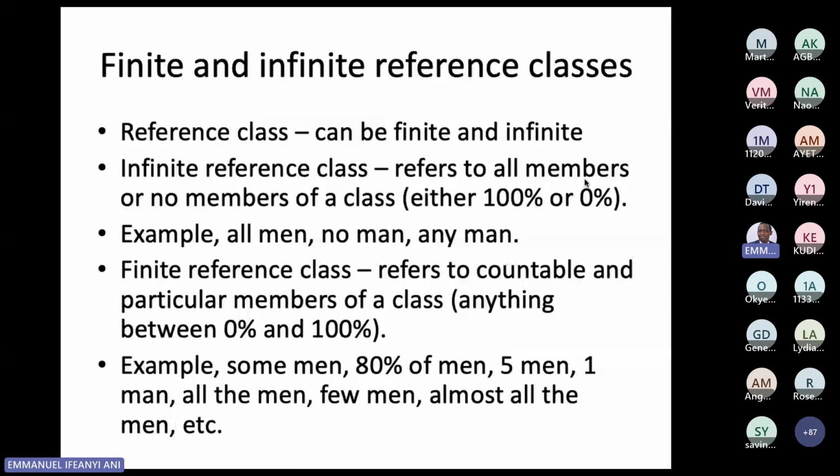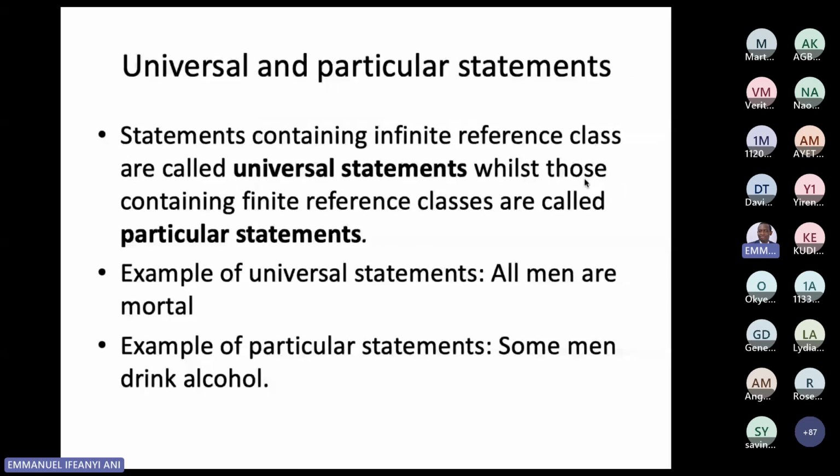Then there is a distinction between universal and particular statements. Statements containing an infinite reference class, which is uncountable items, are called universal statements, whilst those containing finite reference classes, which contain countable items, are called particular statements. Example of a universal statement: all men are mortal.